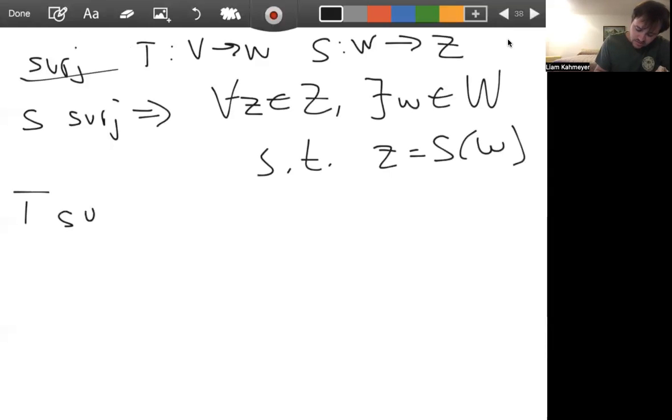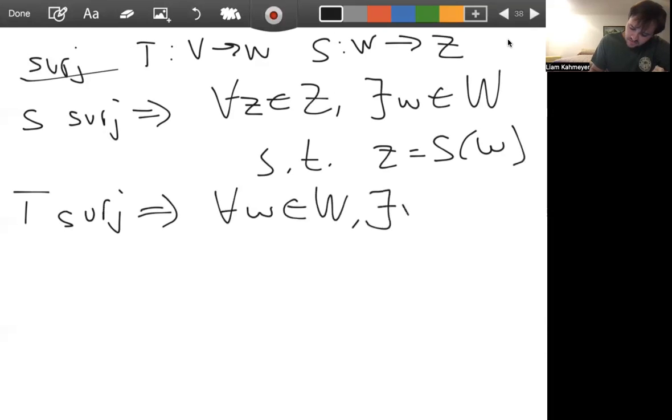And T surjective implies that for all w in W, there exists a v in V such that w equals T of v.